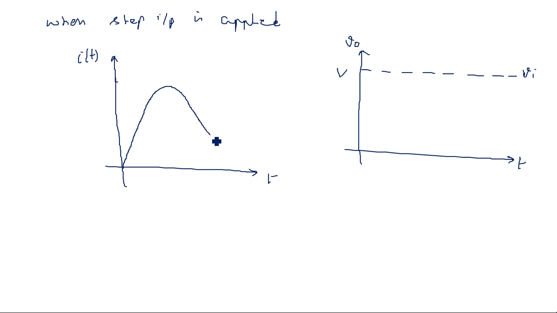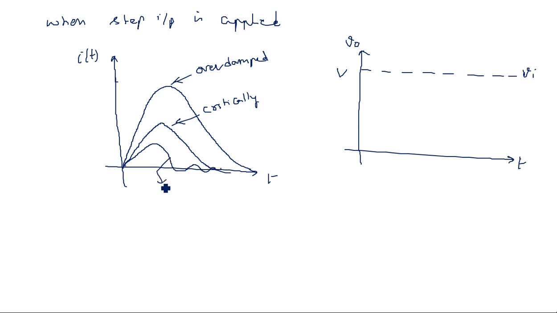I told you already this is acting as a resonant circuit, so we will be having maximum current at only one instant. The overdamped condition is R greater than 2 times root L by C. This is for critically damped, and oscillations are there in the underdamped condition.